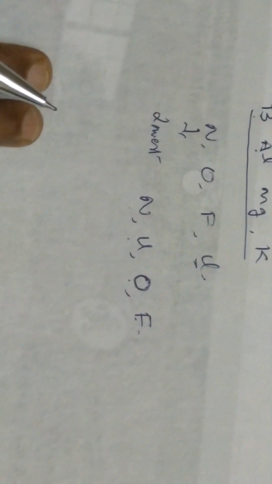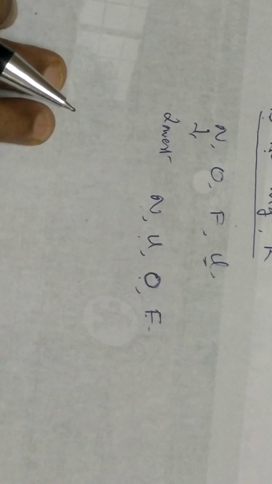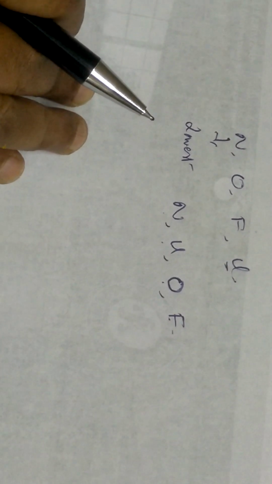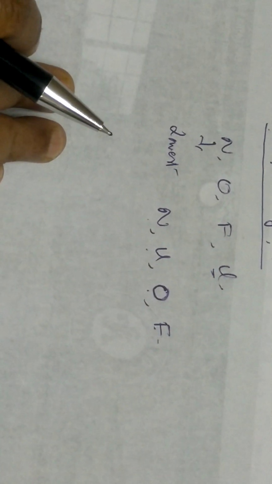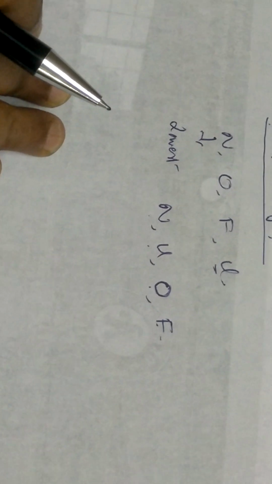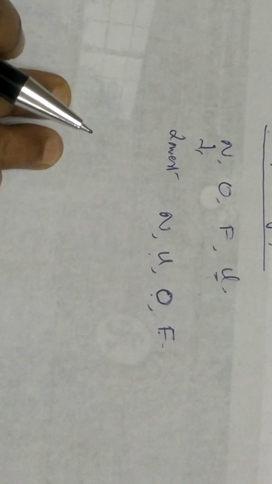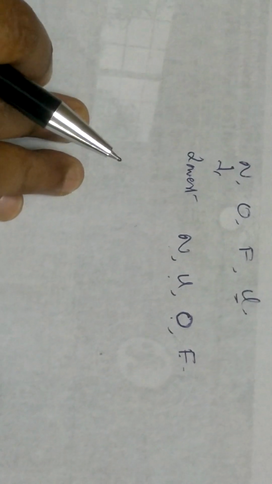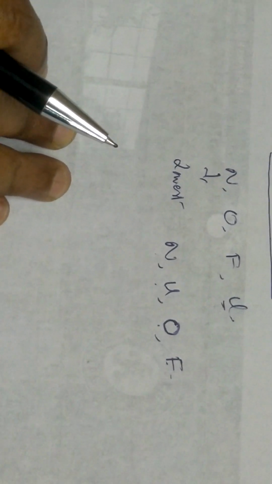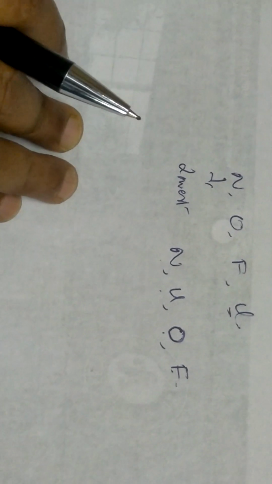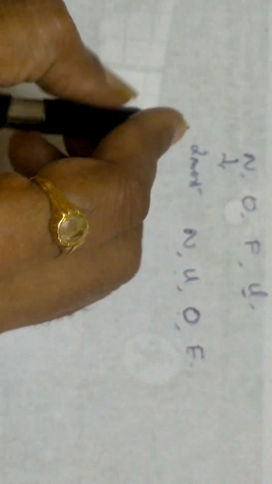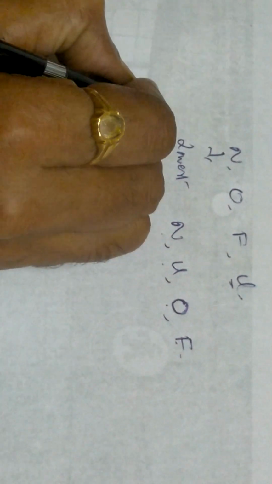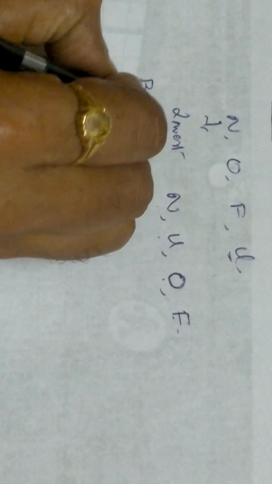Actually, what is the basis for electronegativity? There is no unit. The Pauling scale is arbitrary; he gave 2.1 for hydrogen and 4 for the highest, which is fluorine. How did he calculate it? Electronegativity is calculated based on bond energies.